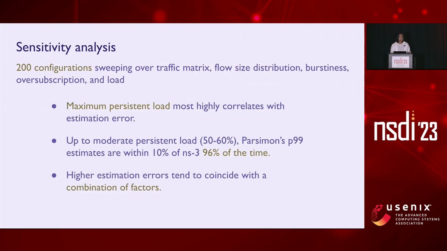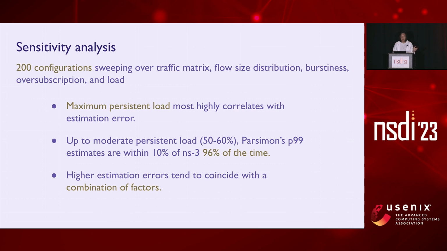Also, we want to know, in what circumstances is accuracy bad? So we perform a sensitivity analysis sweeping over traffic matrix, flow size distribution, burstiness, oversubscription, and load with 200 different configurations. And we find that the most important determiner of error is persistent load, which based on what we learned before is not that surprising since high load results in more persistent congestion.